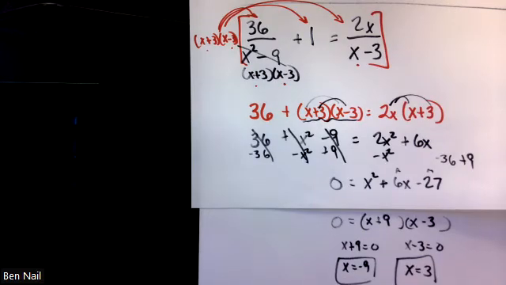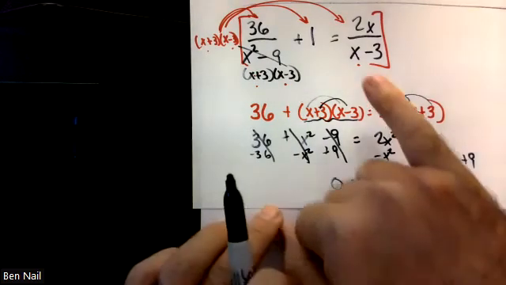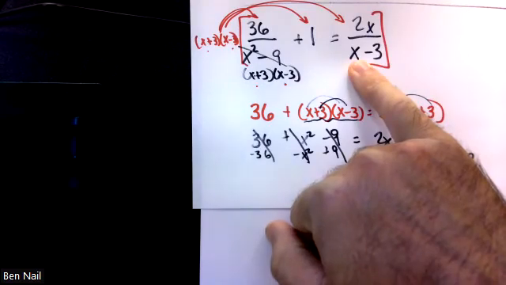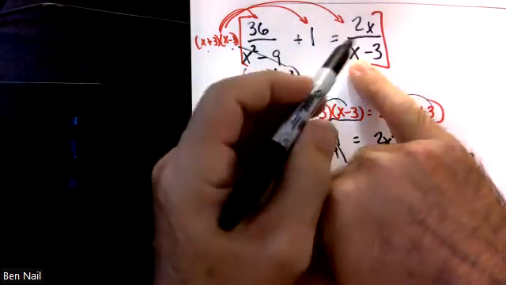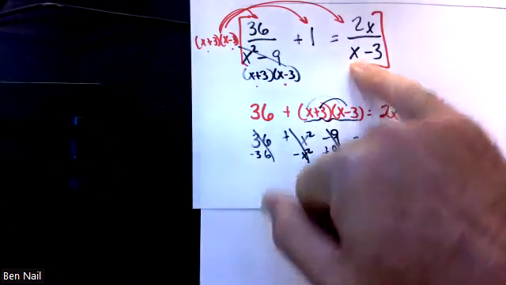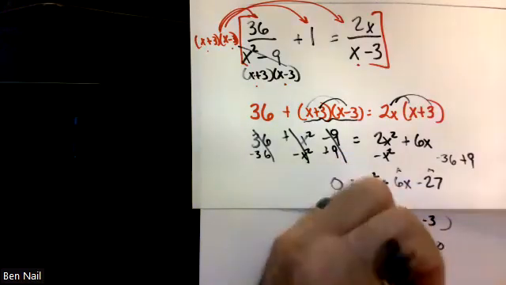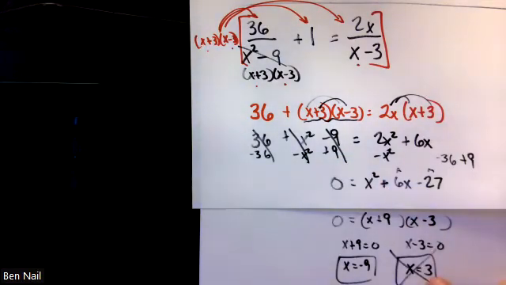For example, if we go to check 3 as a solution, what happens if we plug 3 into this particular x? You have to plug 3 into all of the x's, but 3 minus 3 is 0. This one causes division by 0. This is a bad or extraneous solution. 3 does not work.